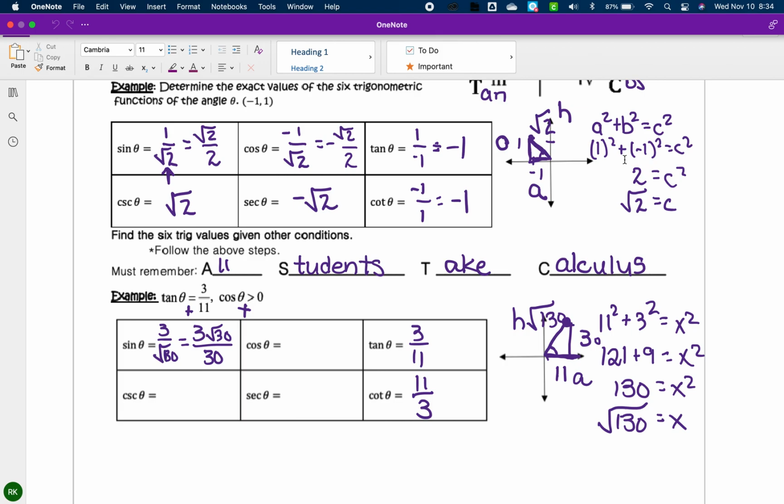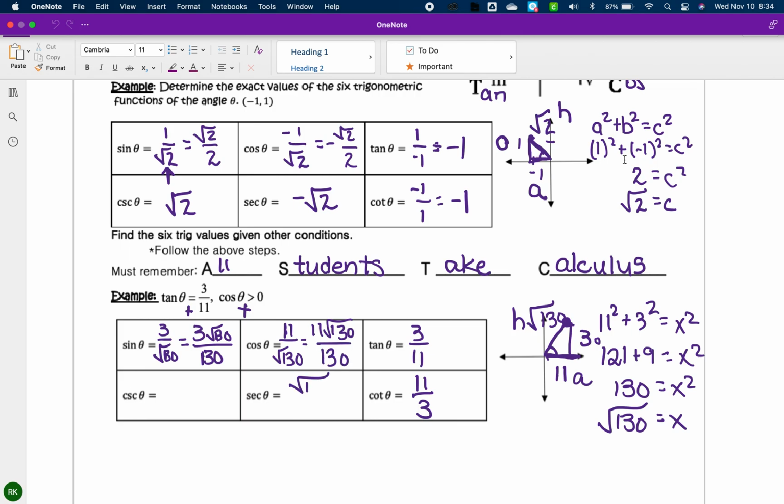Forgot the 1 there. 130. That will reduce. No, it won't. 1 plus 3 plus 0 is not divisible by 3, so it will not reduce. All right, same thing here. 11 over square root of 130 is equal to 11 square root of 130 over 130.